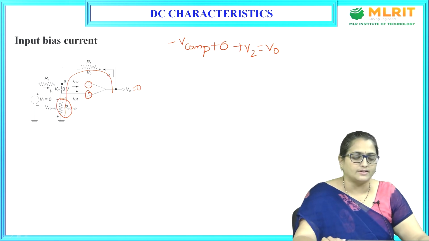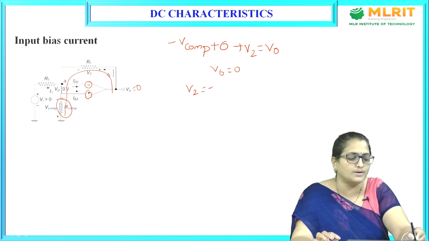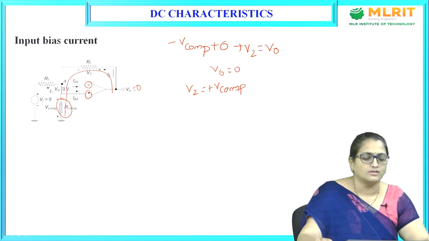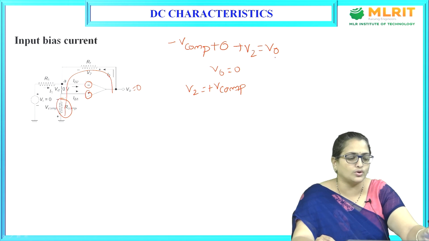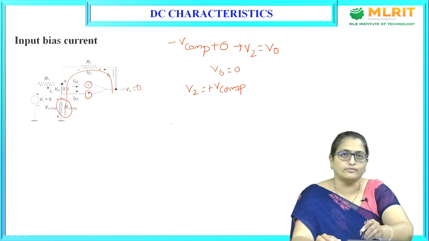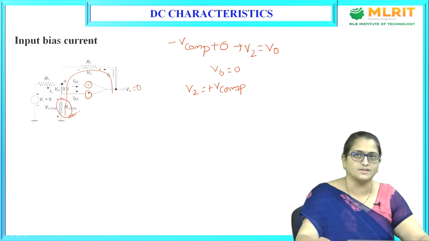To nullify, that is, to make V0 equal to 0, you need to choose V2 as plus V compensator. So, you need to choose the proper V compensator to make V0 equal to 0. If you want to choose V compensator properly, you need to choose a proper R compensator.